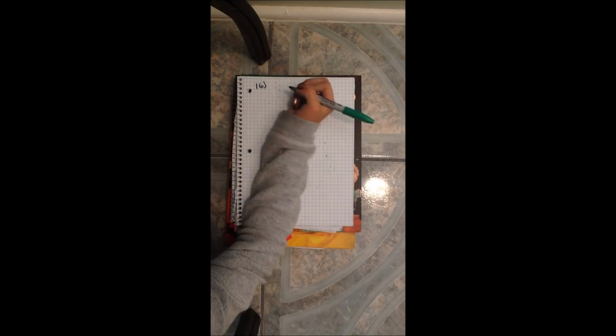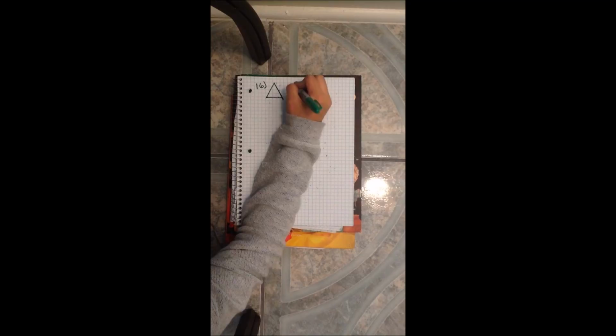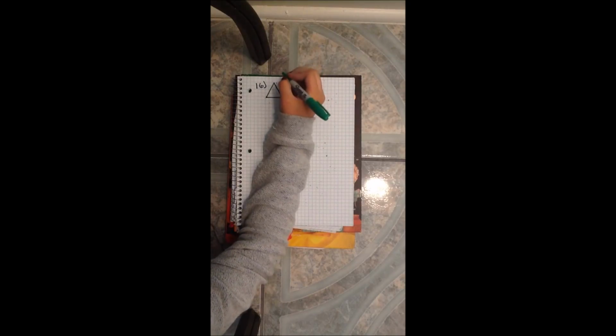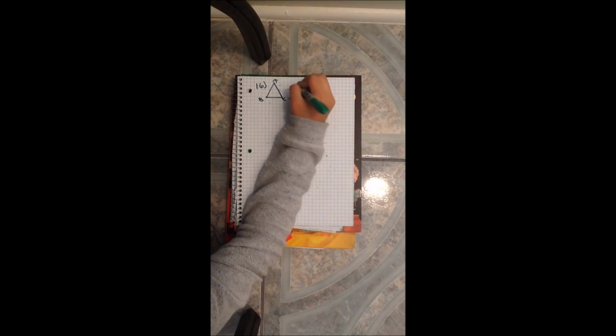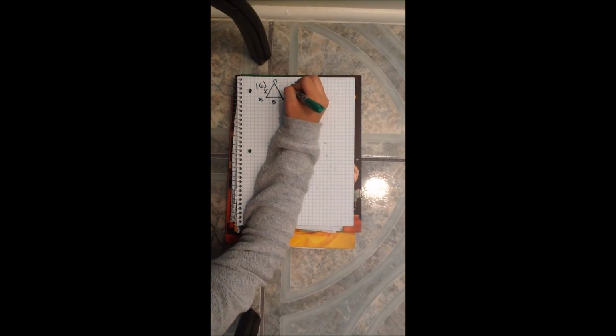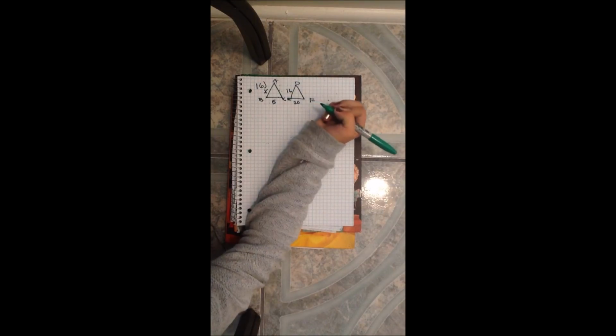Number 16 is two triangles, and it is A, B, C, and then D, E, F. AB is X, BC is 5, DE is 16, and EF is 20.